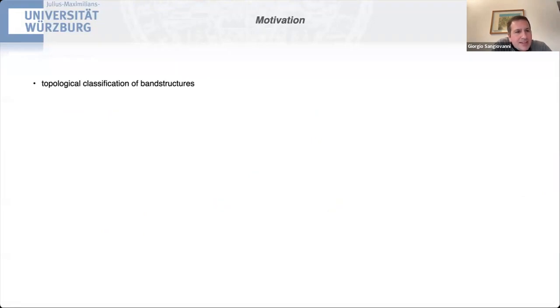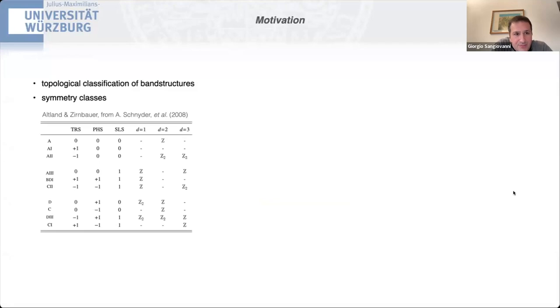How do we classify topological band structures? For that, we use symmetries.